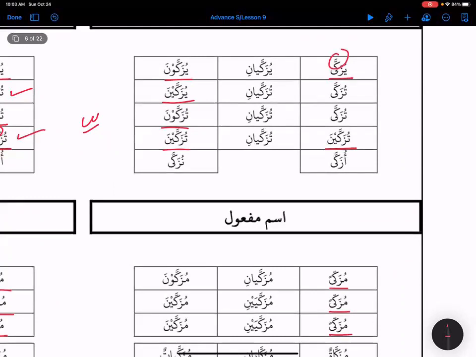So yuzakka, yuzakkayani, yuzakkauna, tuzakka, tuzakkayani, tuzakkauna, tuzakkaina, tuzakkayani, and tuzakkaina. Uzakka and nuzakka.